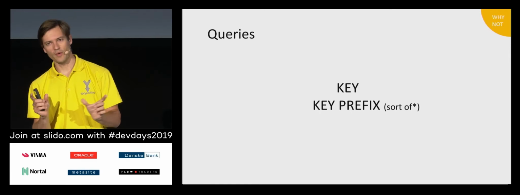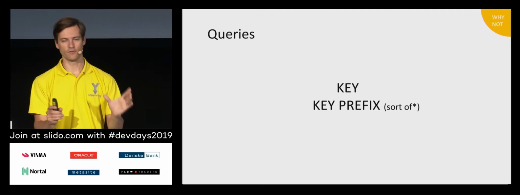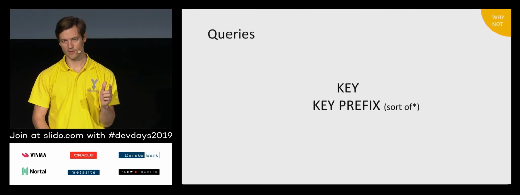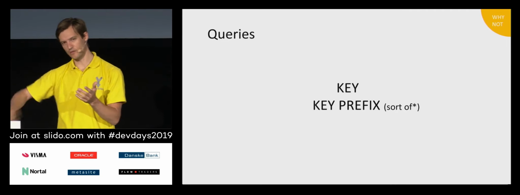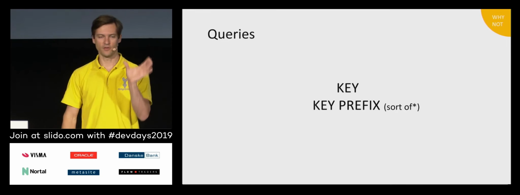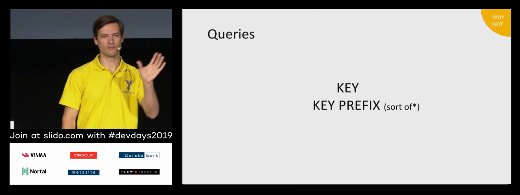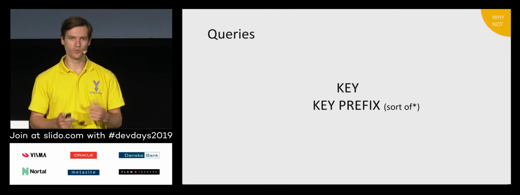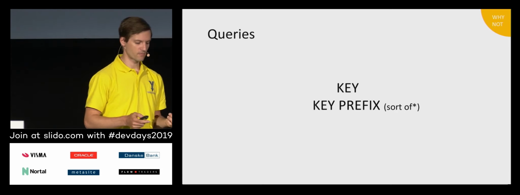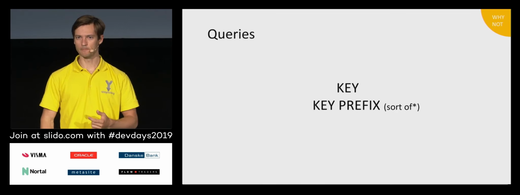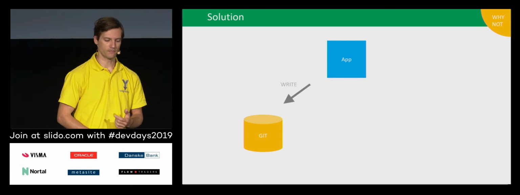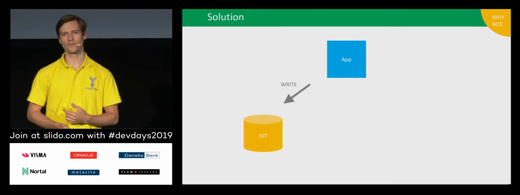You can also query by prefix, sort of, which means that if you know the folder, then you can get all the files in that folder. It's not recursive, it doesn't go all the way down the tree, but you can get a list of files by just getting the folder name. So how do we solve that? Well, just by avoiding the problem essentially. If we can't read from Git, then let's just write to it and read somewhere else.